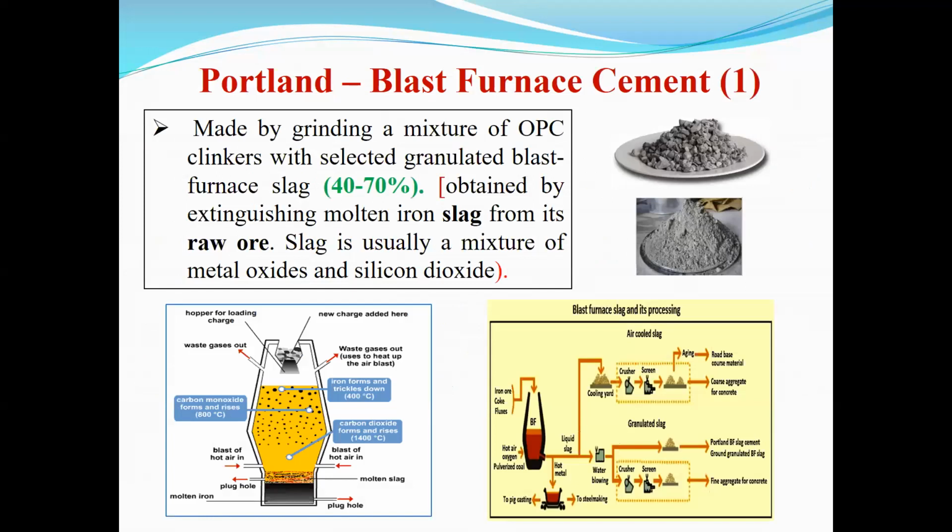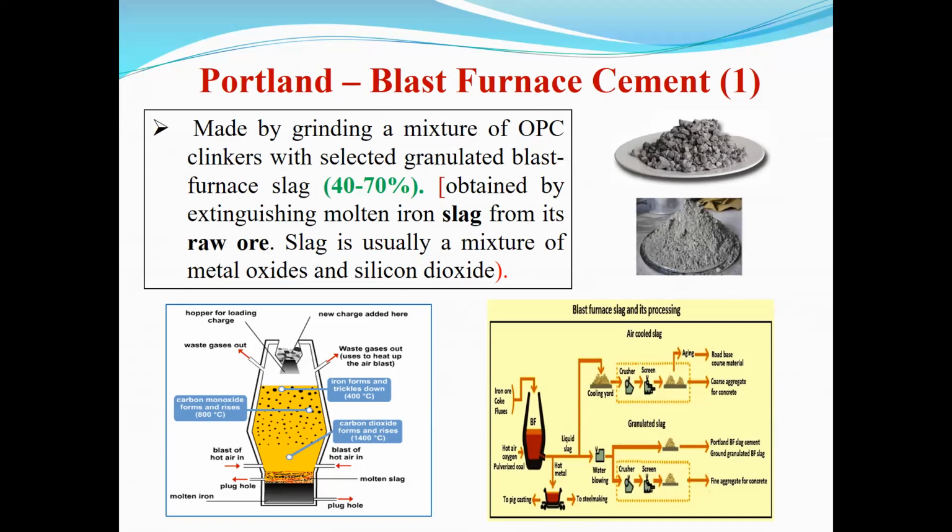The next is Portland blast furnace cement. It is made by grinding a mixture of ordinary Portland cement clinkers with selected granulated blast furnace slag in the amount of 40 to 70%. What is blast furnace slag? It is obtained by extinguishing molten iron slag from its raw ore.